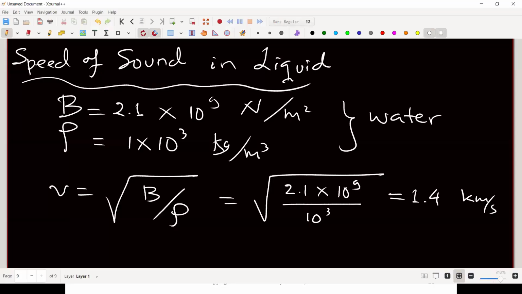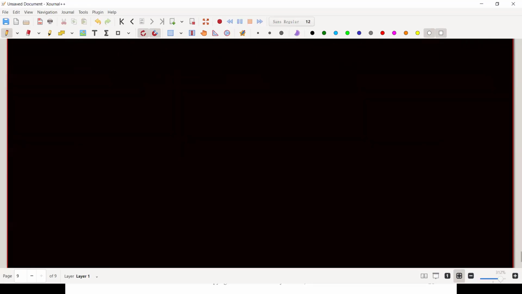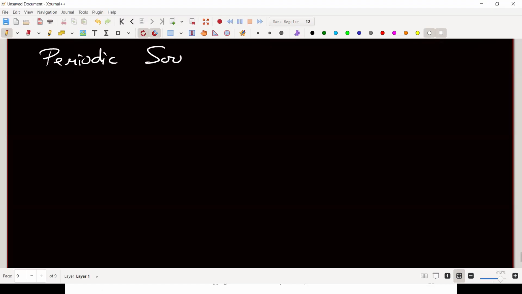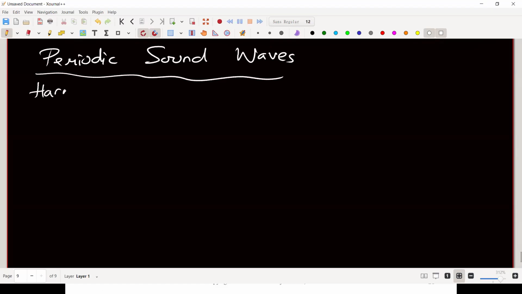Okay, so for periodic sound waves, we can use the equation. This one is periodic sound waves. This one is the harmonic displacement function.